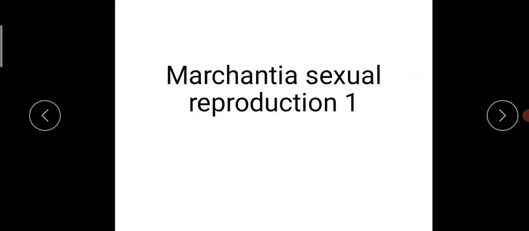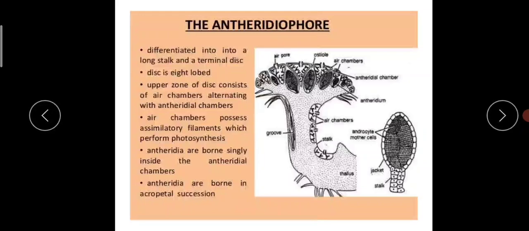So once again, in brief, we have the gametophores. Gametophores are the receptacles which bear the sex organs. Male and female are different plants. Marchantia is dioecious. So in the male plant, the antheridium is borne on the receptacles known as antheridiophores. Antheridiophores are approximately 3 centimeters in length, and have a peltate disc at the apex with a number of lobes.